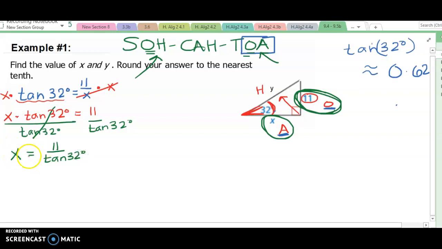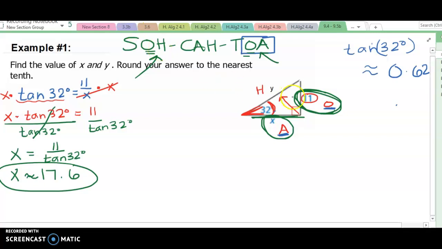Now that I have x by itself, I can put 11 divided by tangent 32 in your calculator, and you should get that x is roughly 17.6. And that's a side length, so it's not degrees, it's 17.6 inches or centimeters or feet or whatever.